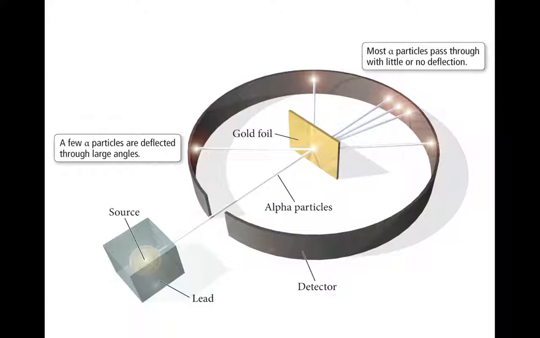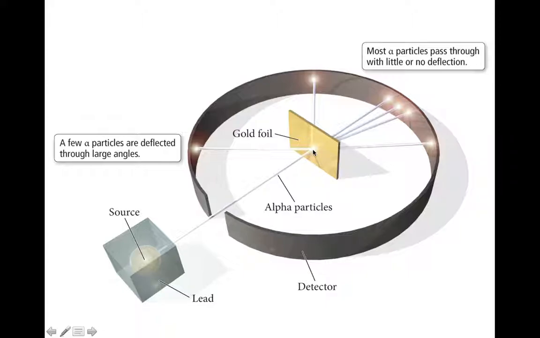They took alpha particles from some source of radiation. They didn't even know what those alpha particles were, just some sort of source of radiation. So here's your source of radiation.